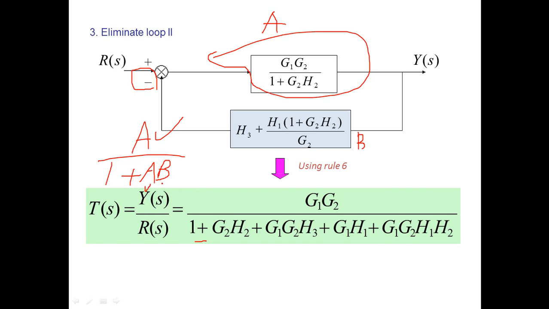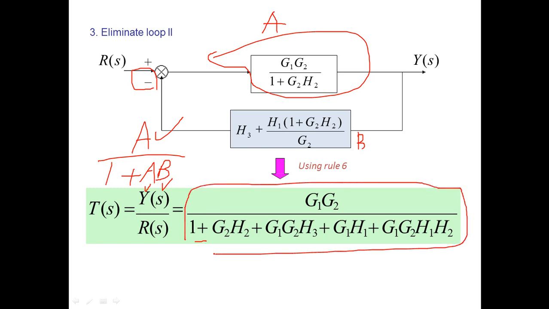Similarly, you will have to put the value of B in the denominator as well. So after you solve this, you will get the value something like this block, and the input to this block will be this R of S, and the output of this block will be Y of S. And if you divide this Y of S by this R of S, you can easily get the value something like this.